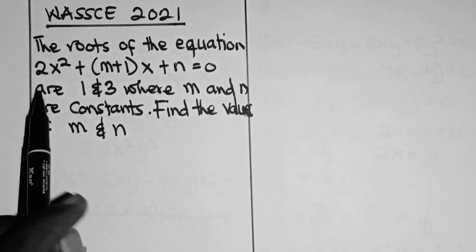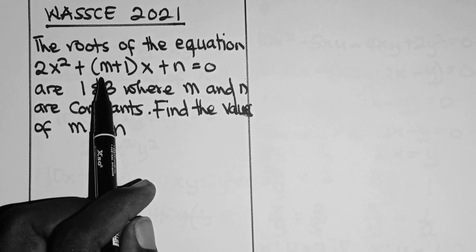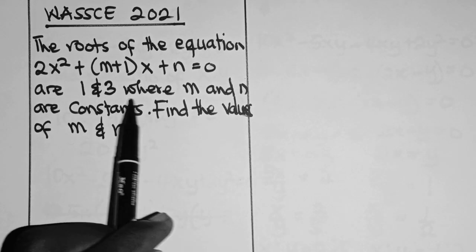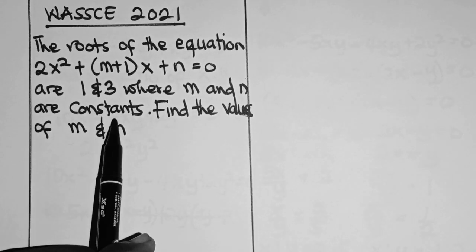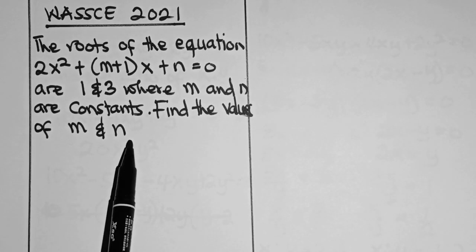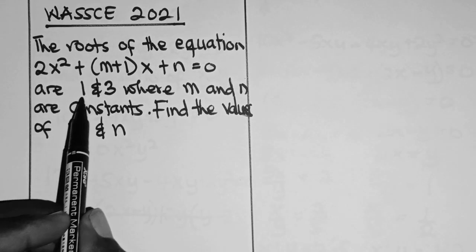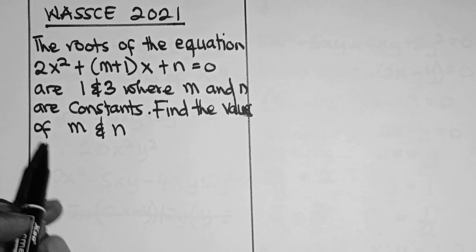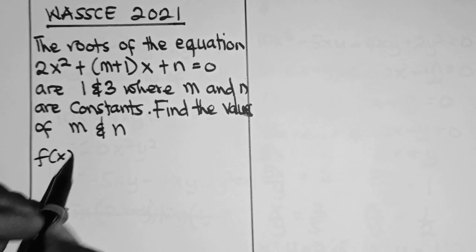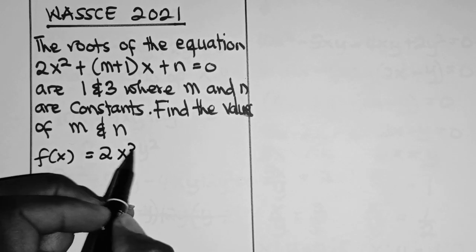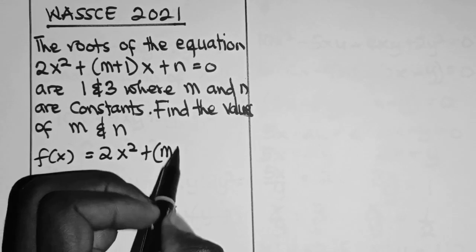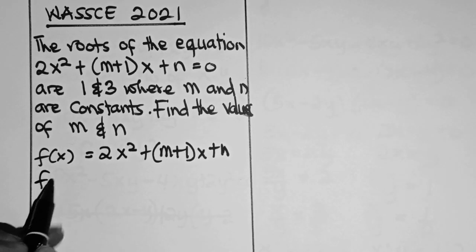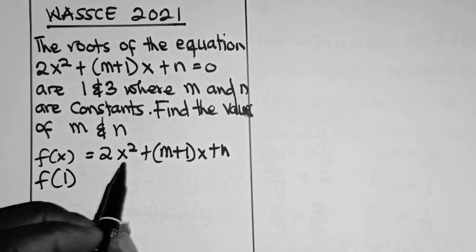The roots of the equation 2x squared plus (m plus 1)x plus n equals 0 are 1 and 3, where m and n are constants. Find the values of m and n. So now, if 1 and 3 are the roots of this equation, it means that, for example, if we let f of x be equal to 2x squared plus (m plus 1)x plus n, then f of 1 satisfies this equation.